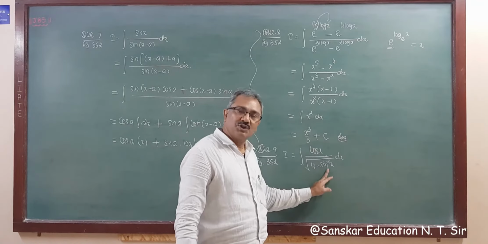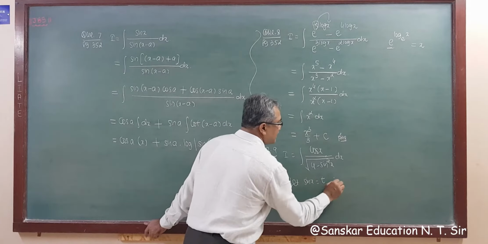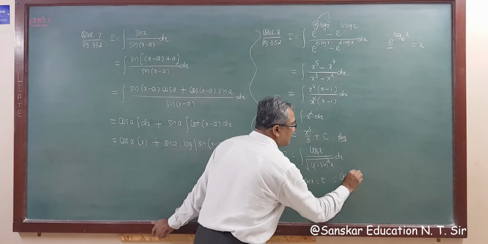So if we assume sin x, the derivative of sin x is cos x, which is here in the numerator. So let us assume sin x is equal to t. The derivative of this, that is cos x dx, is equal to dt. So this cos x dx is dt.